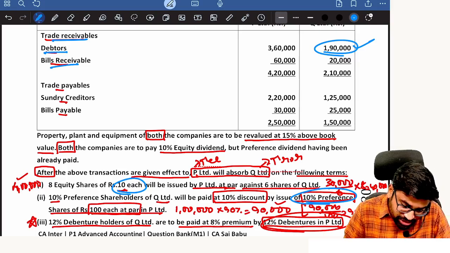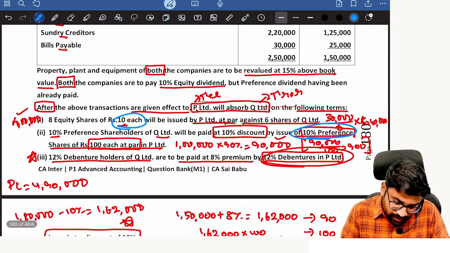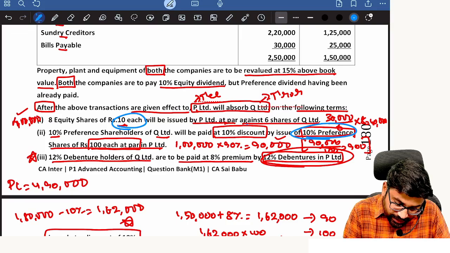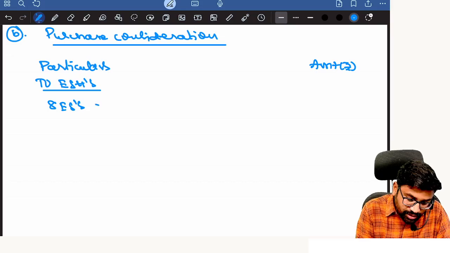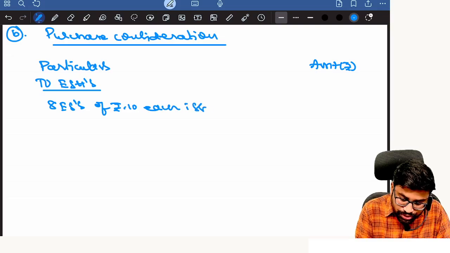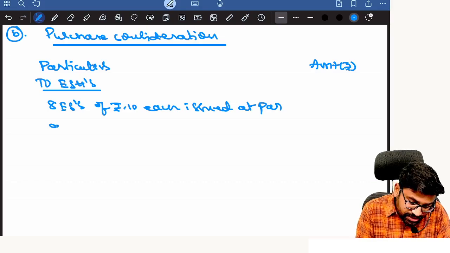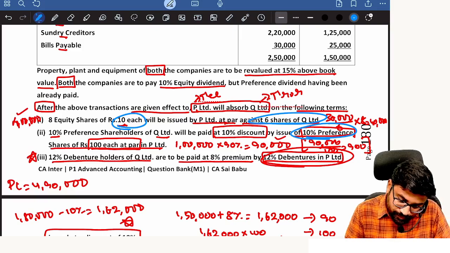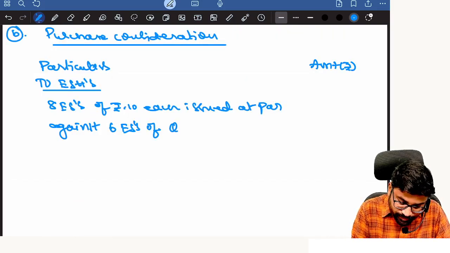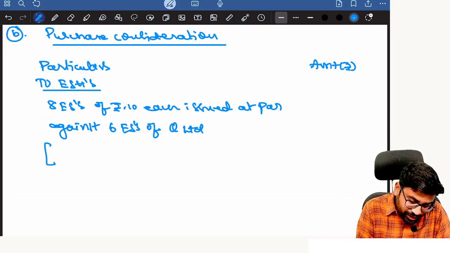Sir, equity shareholders, how is PC being given, sir? 8 equity shares against 6 shares, right? 8 equity shares of rupees 10 each issued at par against 6 equity shares of Q Limited. So therefore, tell me how we are going to calculate.